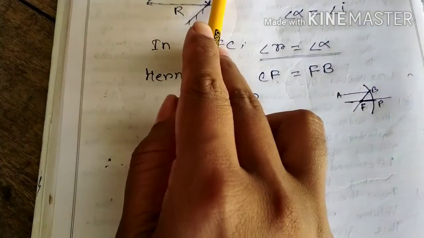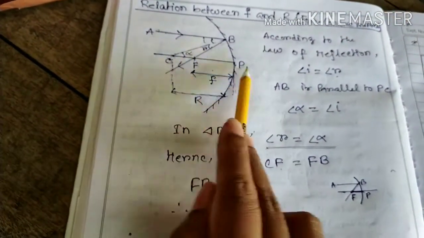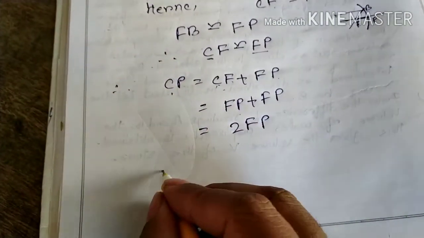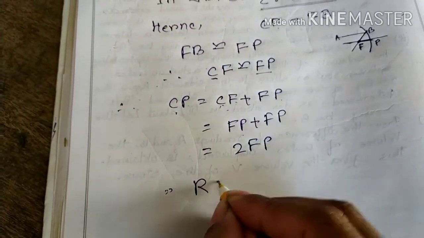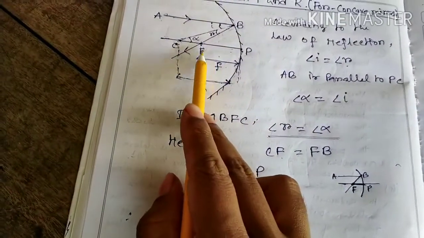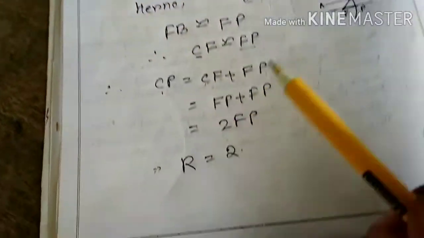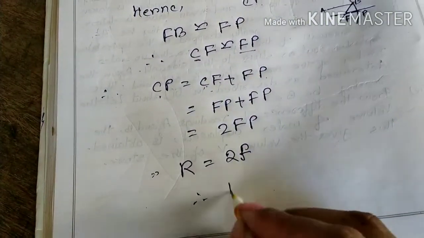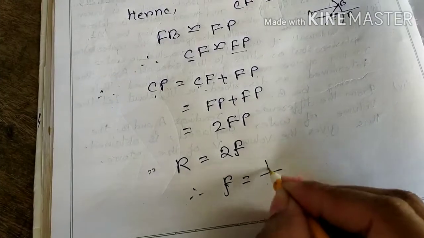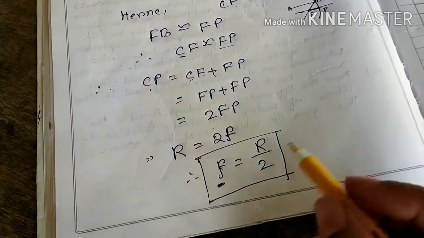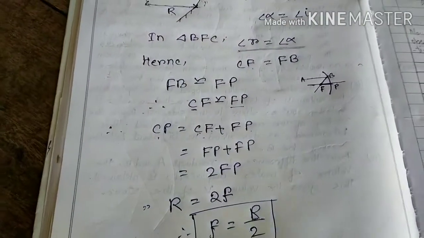CP is the radius of curvature R, so R equals 2 times FP. FP is F, so F equals R by 2. This is the relation between focal length and radius of curvature.